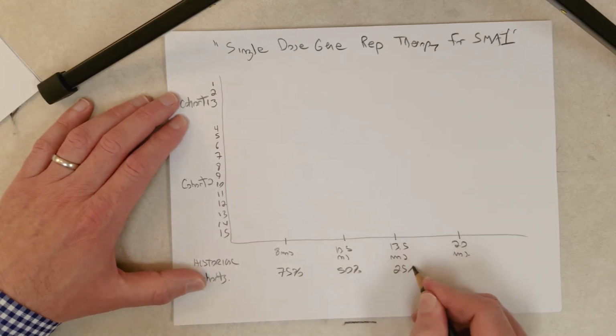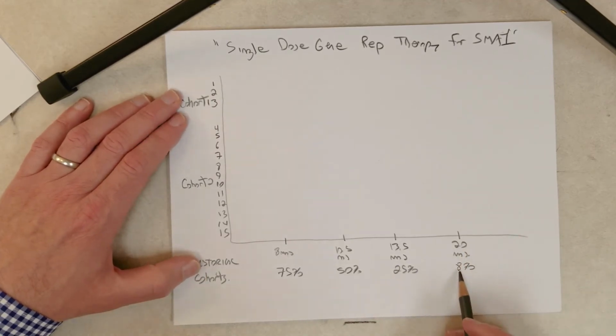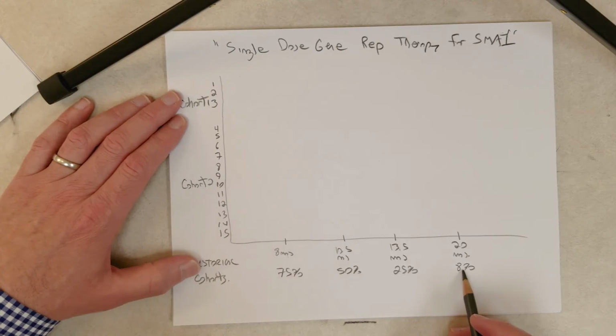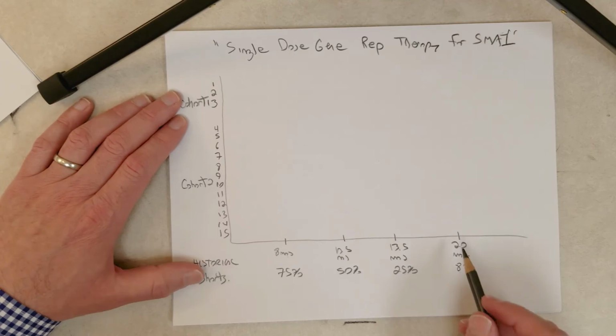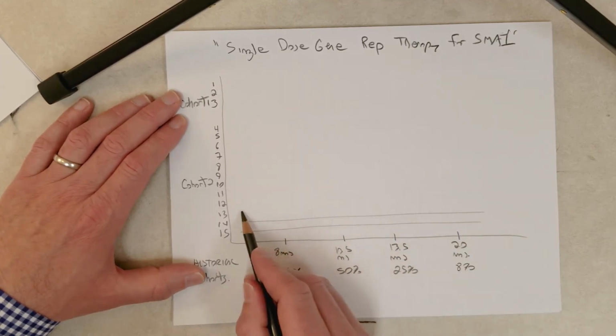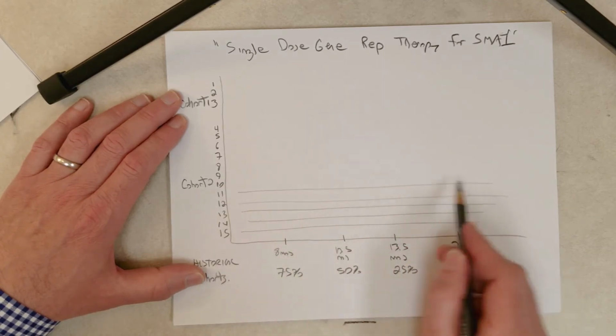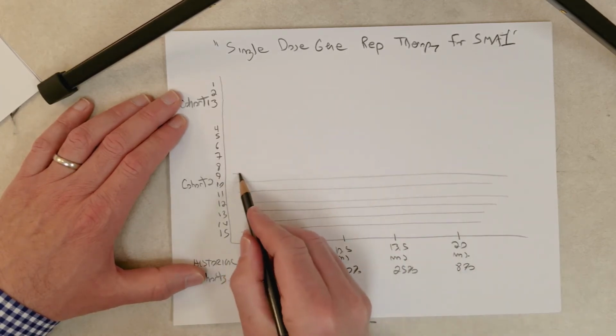So we have 25% here at 13.5 months and 8%. So only 8% of infants with SMA1 were free or could get by without mechanical ventilation at 20 months. But every patient in this study was breathing on their own past 20 months. So, oh, that seems really amazing, right?